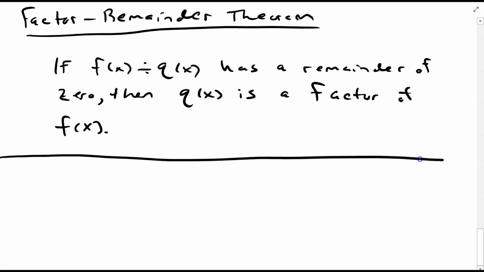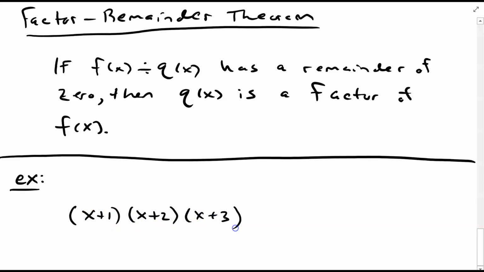So let's look at an example of how we can use this. And I'm going to build out an example of something that I know is going to be factorable, but I can't use the factoring tree on to help illustrate this. So I'm just going to pick the polynomial that's made up by the factors x plus 1 times x plus 2 times x plus 3.